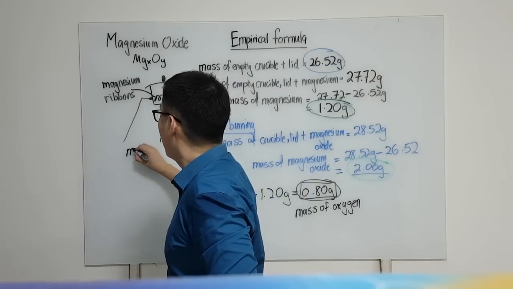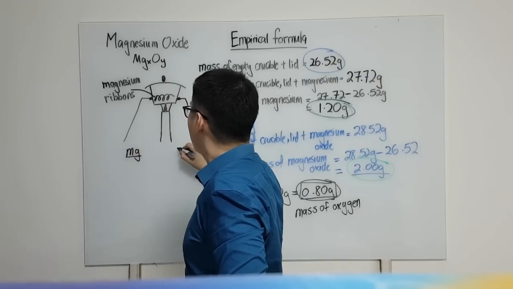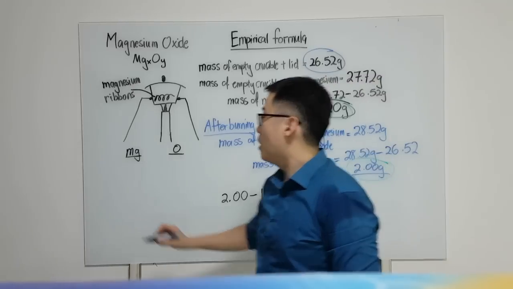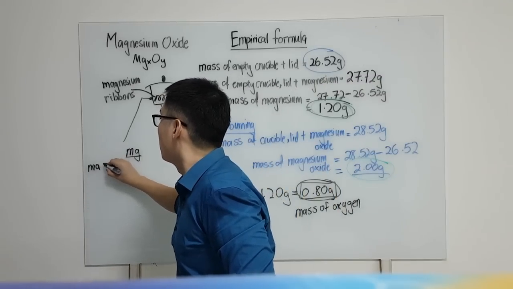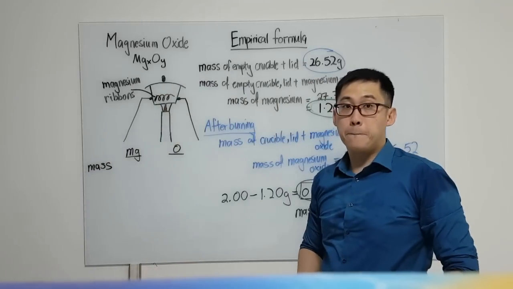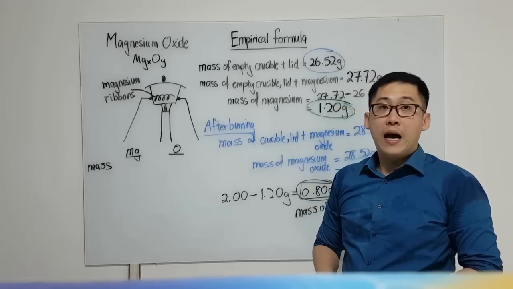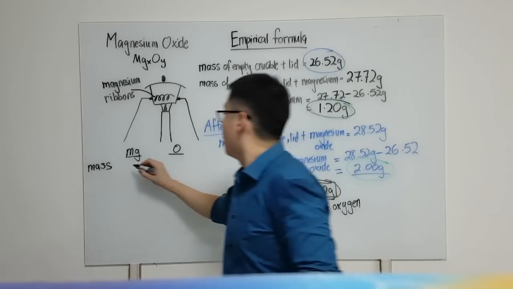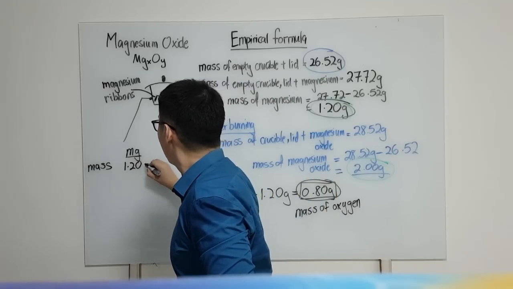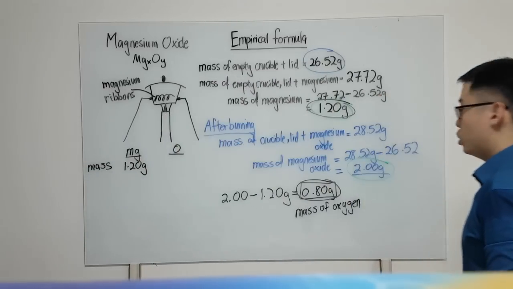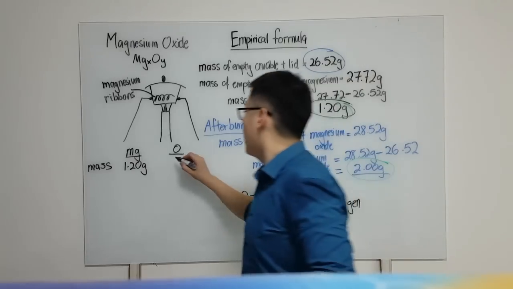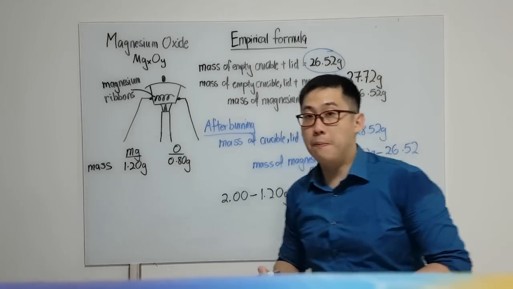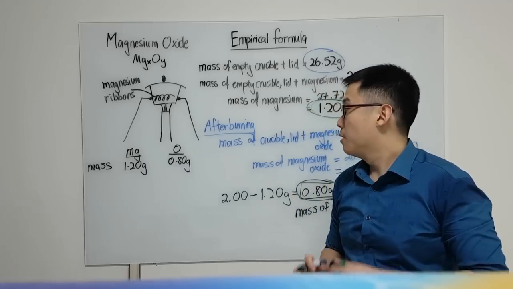Since we know that I have magnesium as well as my oxygen, I know that in terms of mass, I have 1.20 grams of magnesium, and oxygen is actually 0.8 grams. I will then convert my mass to moles.